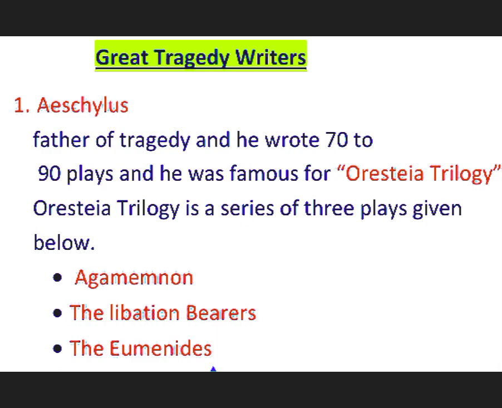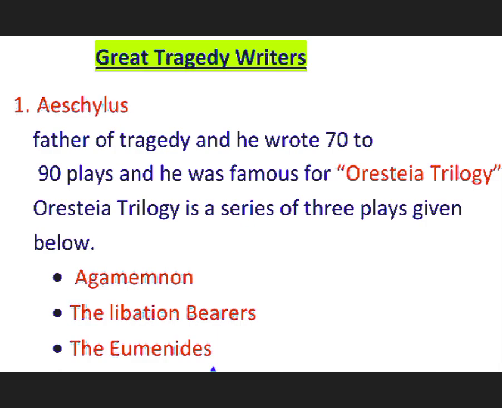Greek tragedy writers. Now we'll talk about Greek tragedy writers. First is Aeschylus. Aeschylus was called the father of tragedy, and he wrote 70 to 90 plays, and he was famous for his Oresteia trilogy. A trilogy is a series of 3 plays.